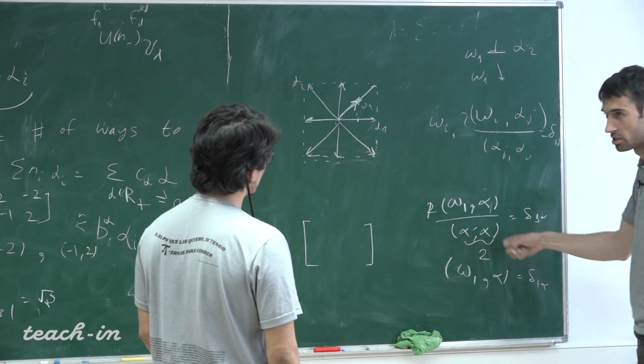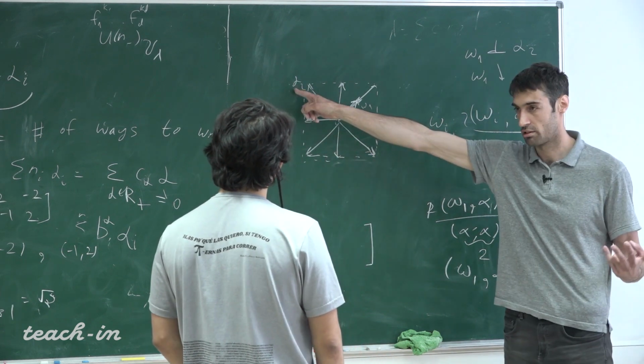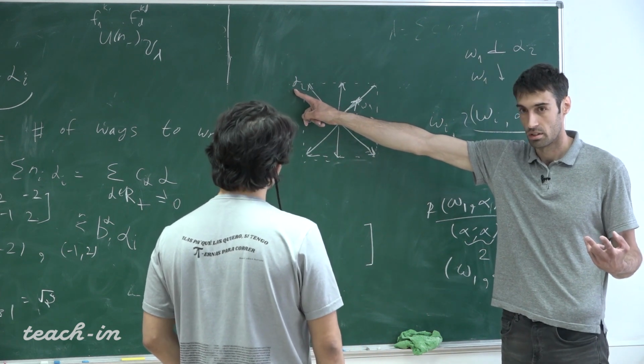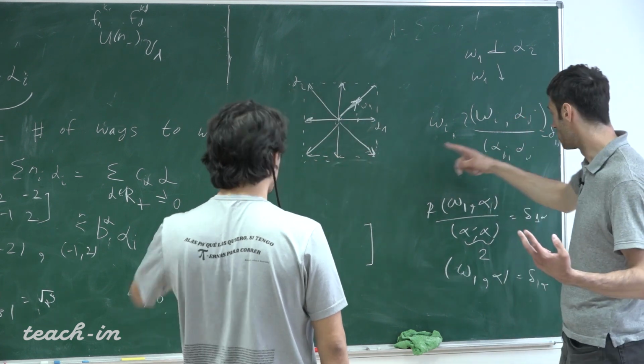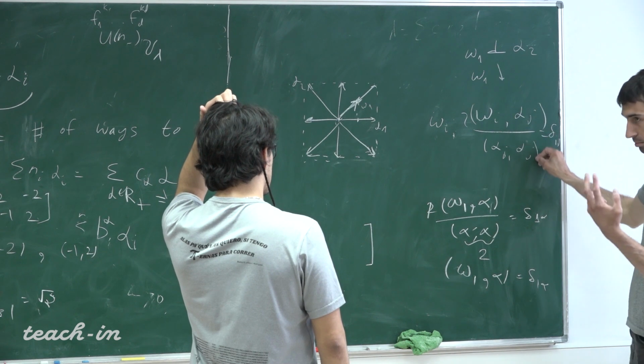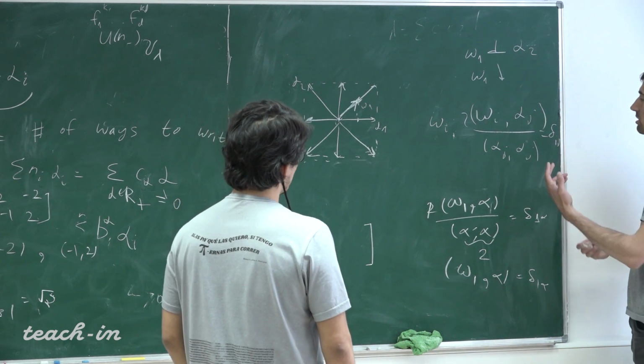So it's the same as written here. Alpha j, we have two of them, alpha 1 and alpha 2. These are the simple roots. I'm translating into words.